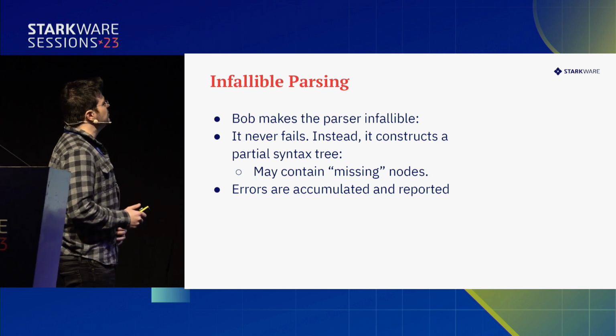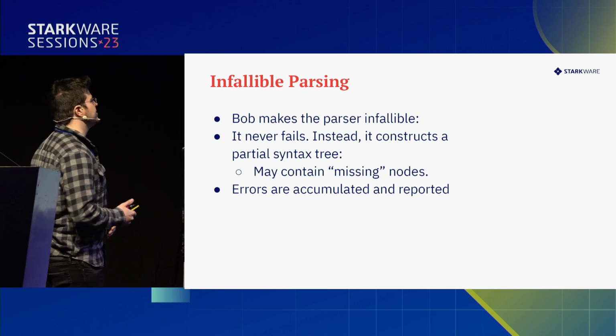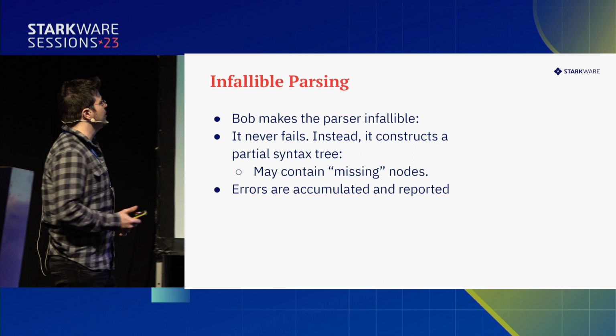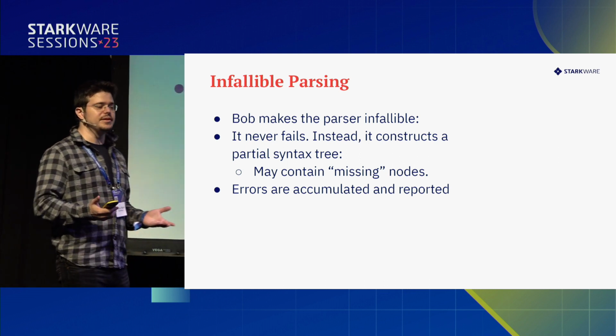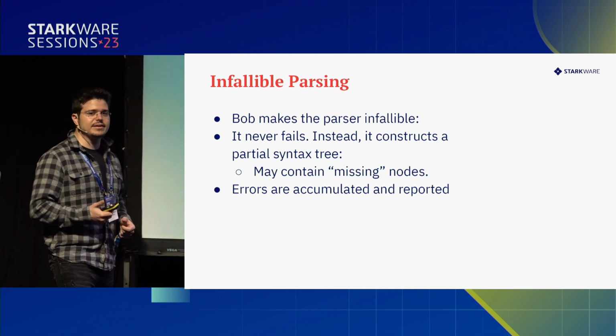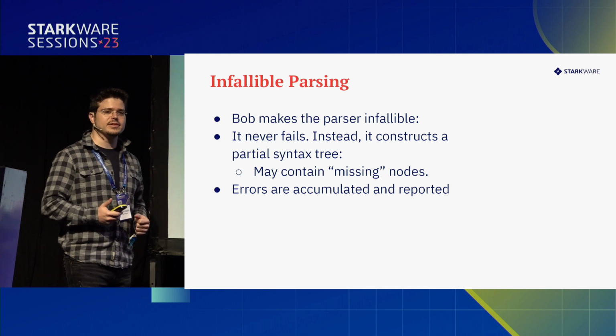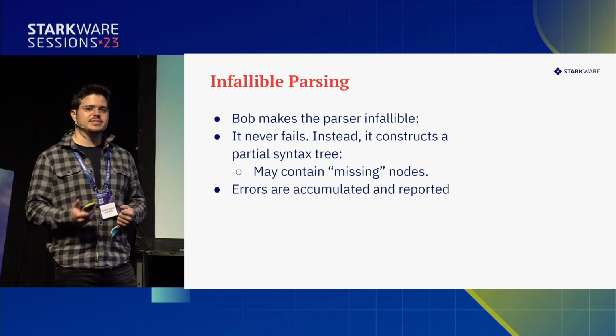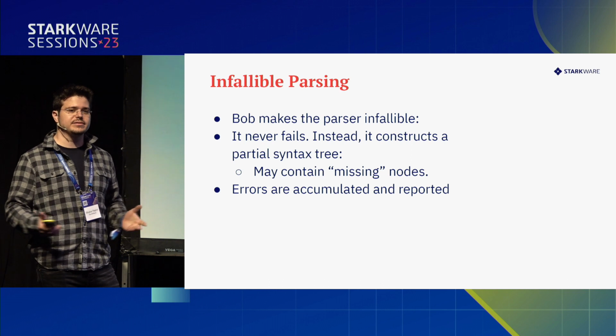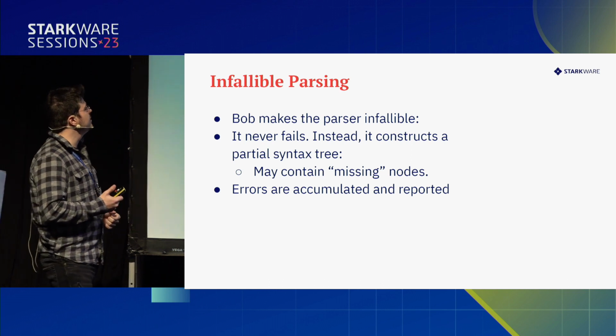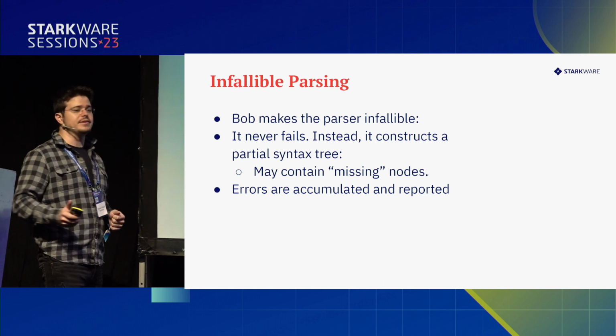Okay, so Bob, a good solution for this is to make an infallible parser. What does it mean? Instead of making a classic parser that, whenever it has some syntax error, fails and just bails out, he builds a parser that never fails.